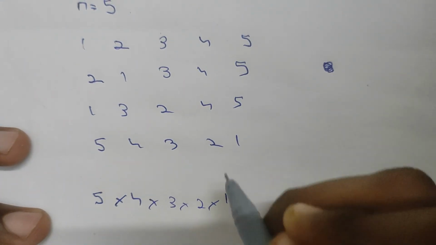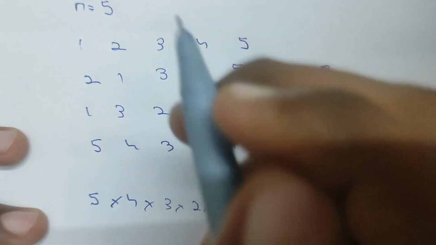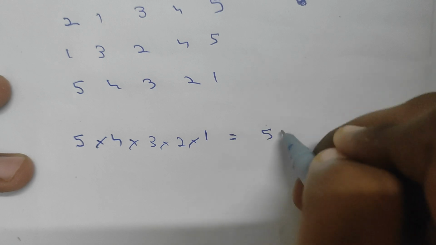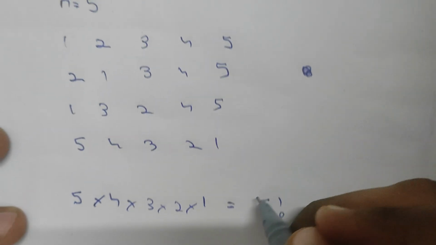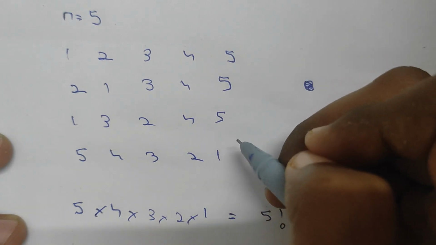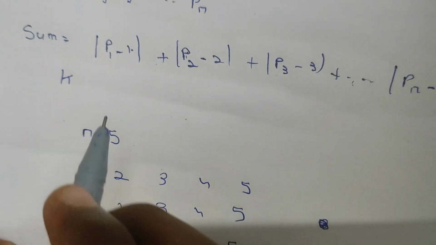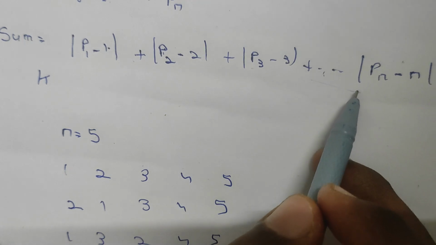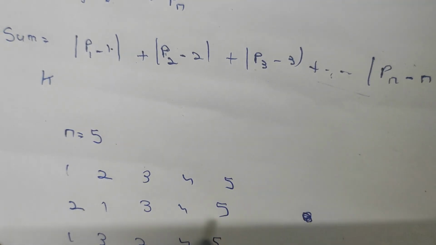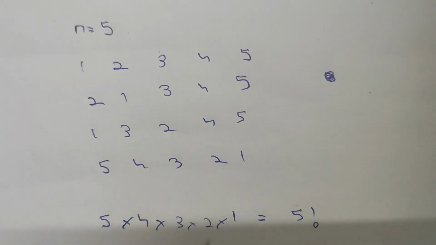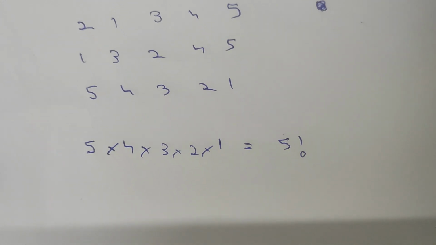So the number of ways to arrange for n equal to 5 will be 5 factorial. And even if you choose any of these permutations, the sum that you obtain like this will always be an even number.